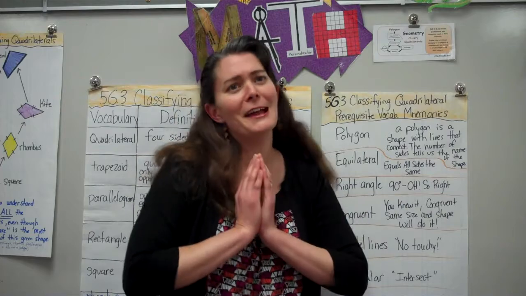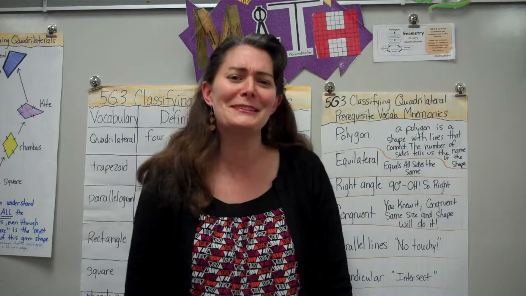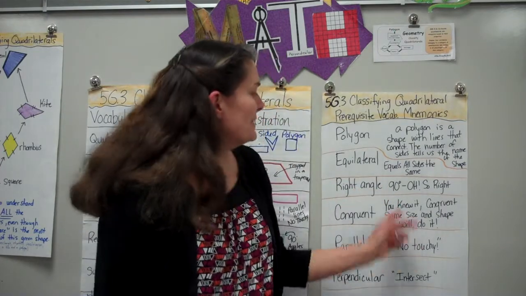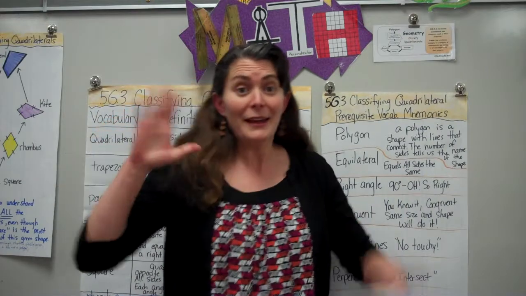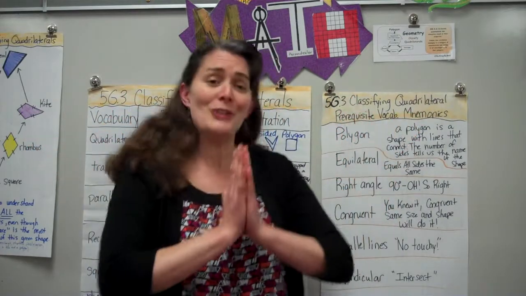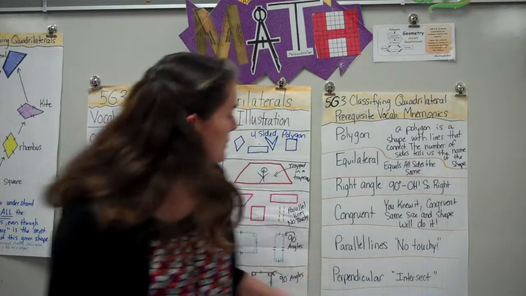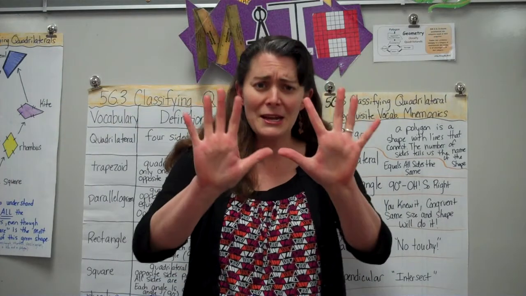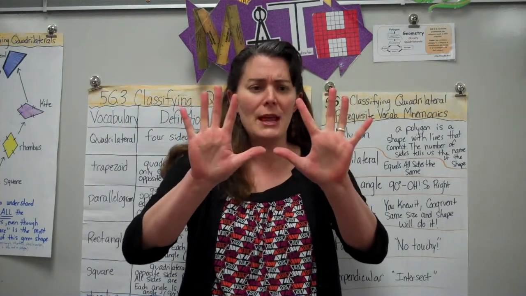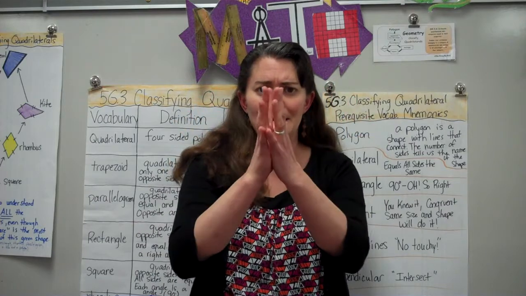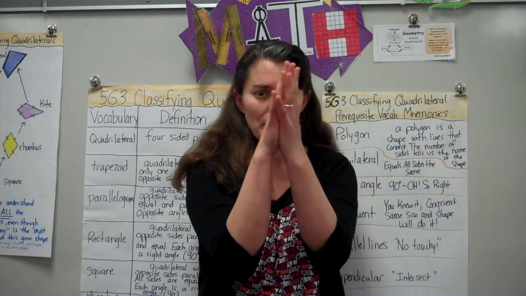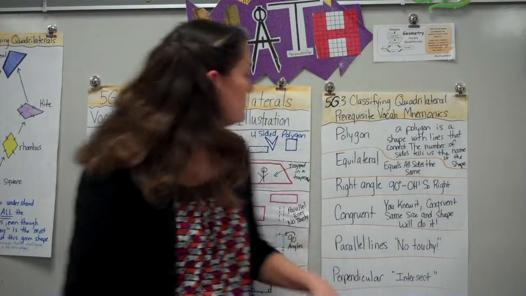Almost like a cheerleader, continuing that Valley Girl sound of the 90 degrees, also right. You can use your hands as a model for that. Two hands look almost exactly alike, the same size and same shape. So congruent just means same size and same shape.